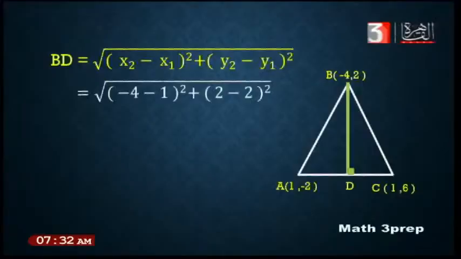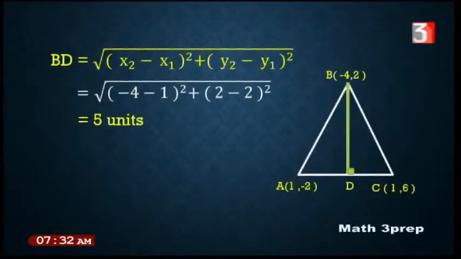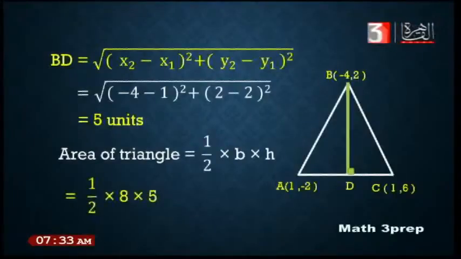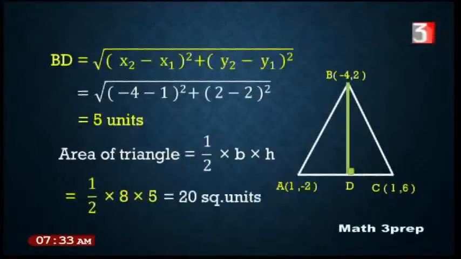So it is square root of (negative 4 minus 1) all to the power of 2 plus (2 minus 2) all to the power of 2 to obtain a result as 5 units. Then area of triangle equals half times base times height, so it is equal to half times 8 times 5, which is equal to 20 square units.